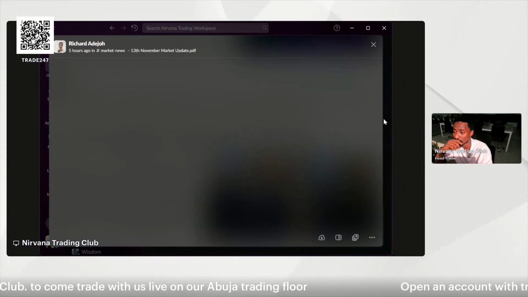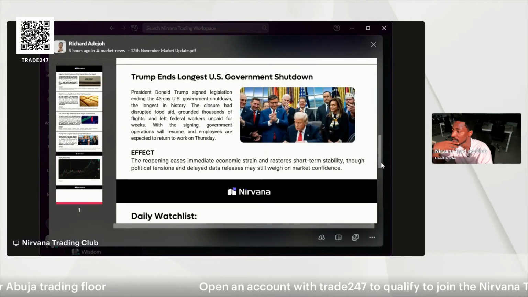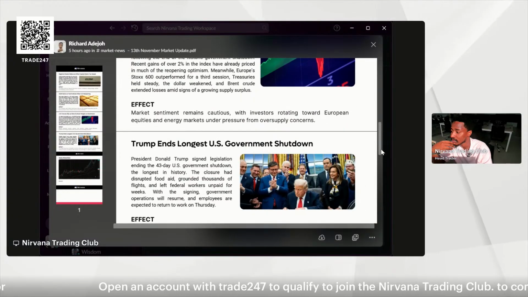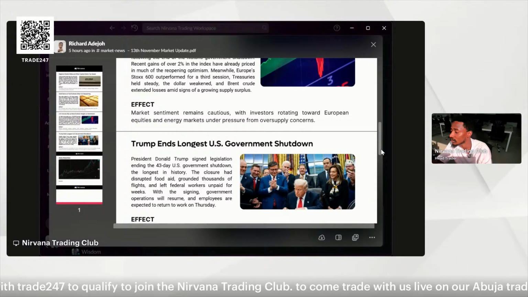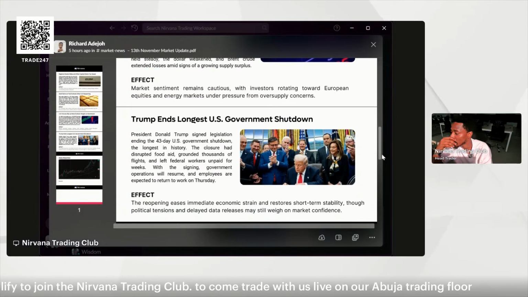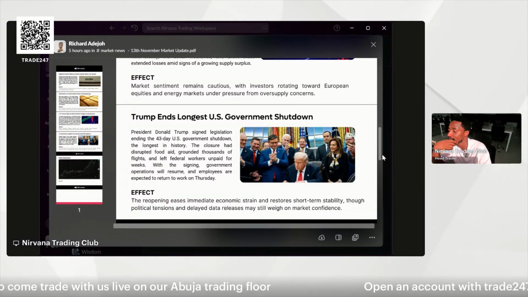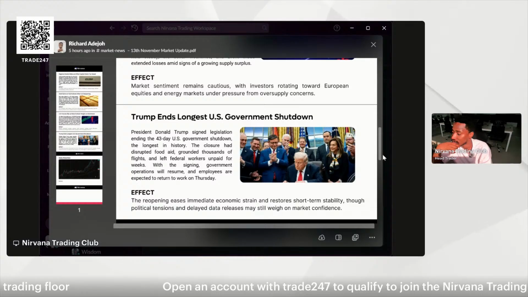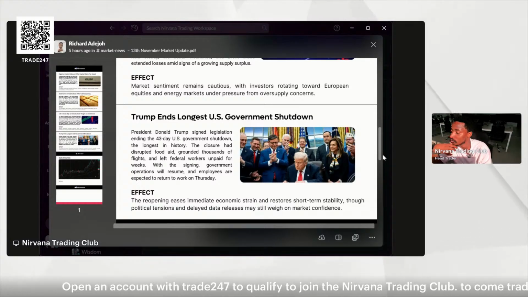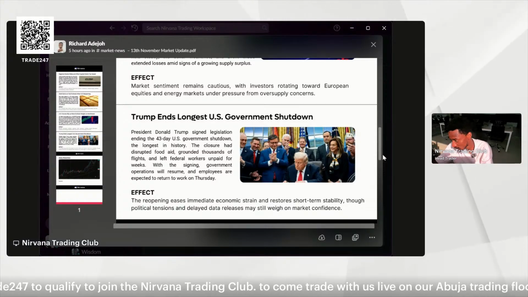And the last one. Trump ends longest US government shutdown. Okay, we know that already. President Trump signed legislation ending the 43-day US government shutdown, the longest in history. The closure had disrupted food aid, grounded thousands of flights, and left federal workers unpaid for weeks.